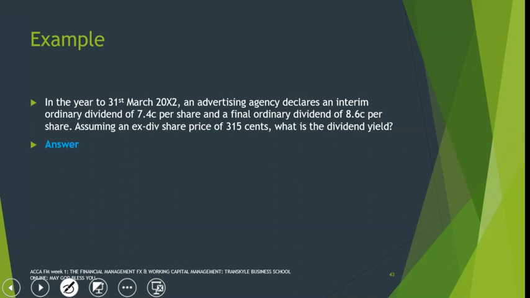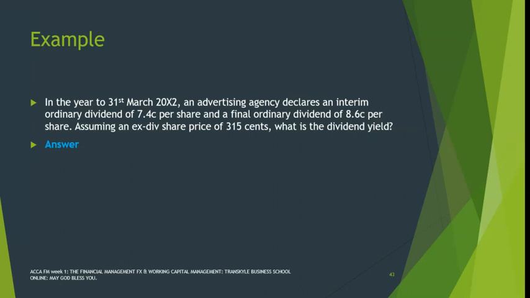Now, let's look at this example and see what is going on. In the year to 31st March 2022, an advertising agency declares an interim ordinary dividend of 7.4 cents per share and a final ordinary dividend of 8.6 cents per share.